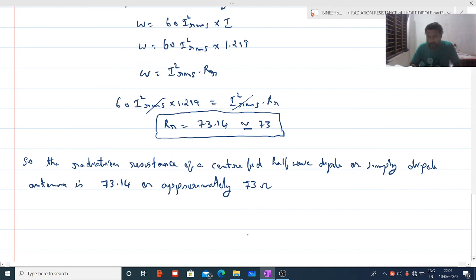For a quarter wave monopole antenna, the radiation resistance will be half of this half-wave dipole antenna, that is 36.57. That also I will write.